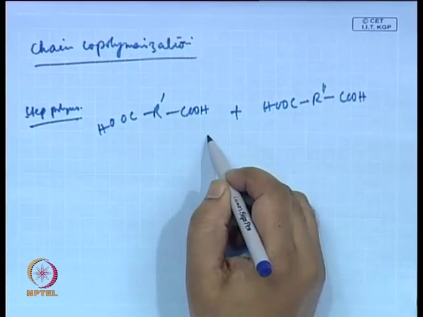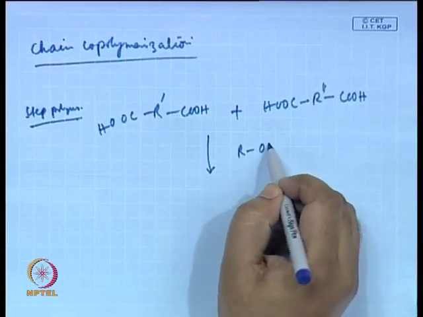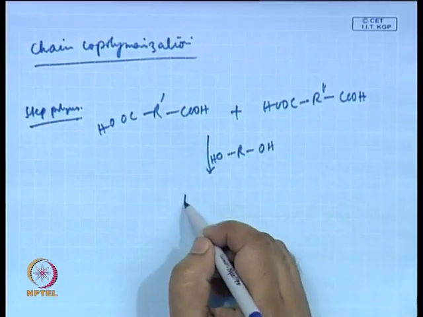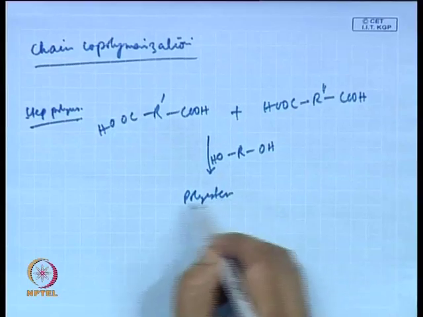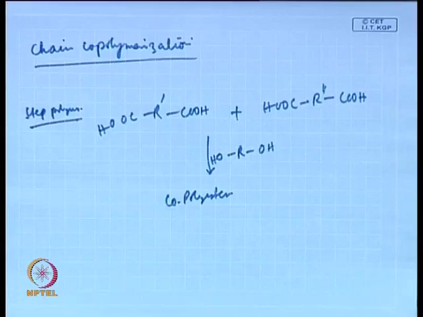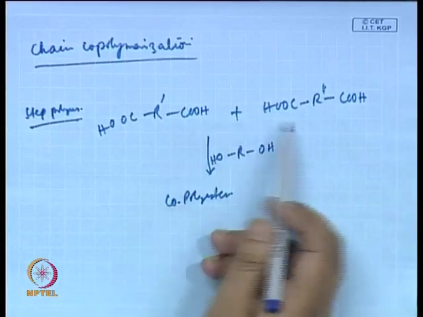You can react them with a diol and make a polyester. In that case, it is a copolyester because it consists of 2 monomers, 2 different diacids.